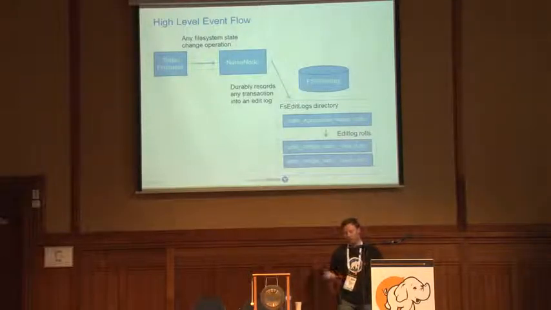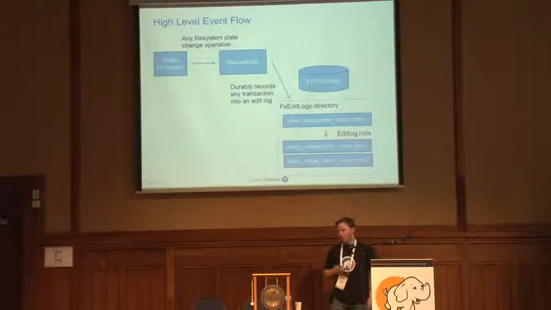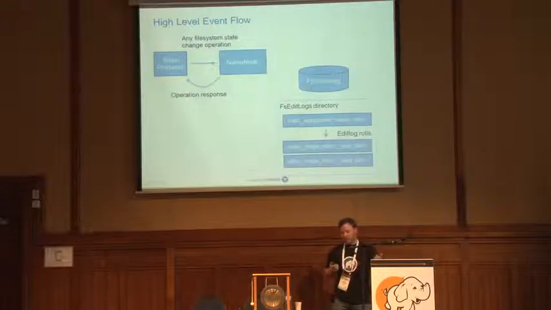Then it logs all this into the edit log dir on disk. There's some magic happening here that will be covered in detail later. But then the name node acks to the DFS client saying, okay, the operation is performed.